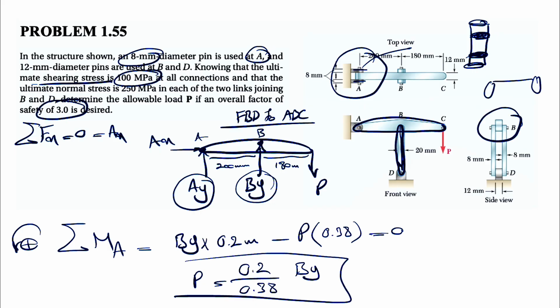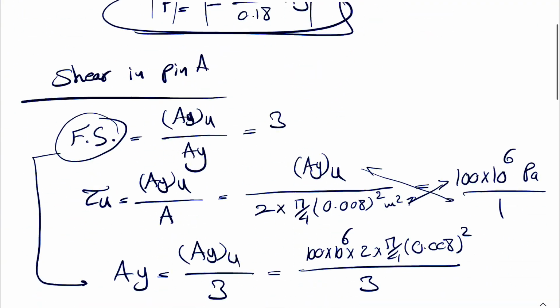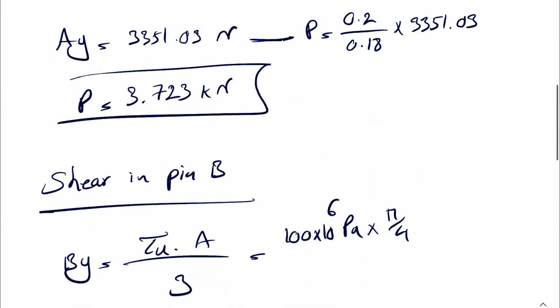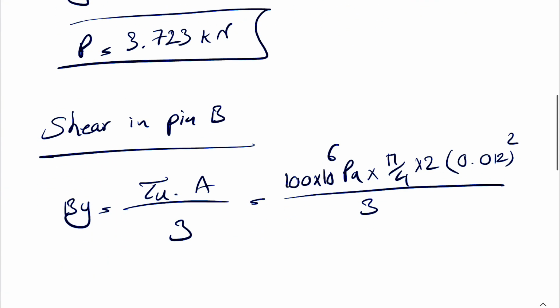So this time we will have another pin that would undergo shearing stress at these two areas. We just have a different diameter for pin B, so it's 12 instead of 8. So here we're going to do again times 2, and the diameter would be 0.012 squared, divided by 3.